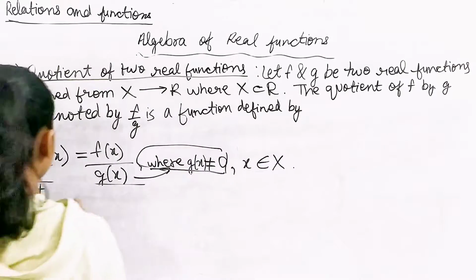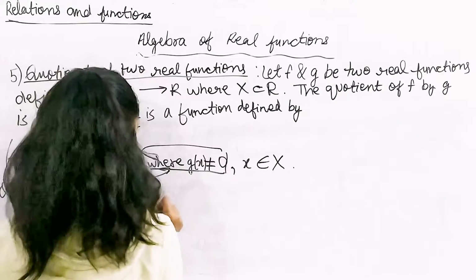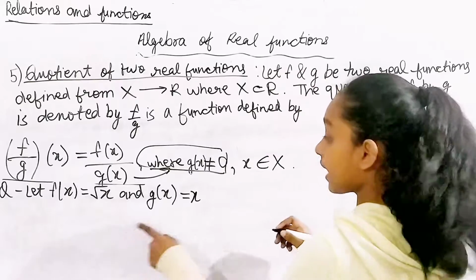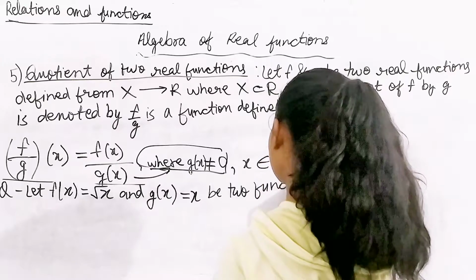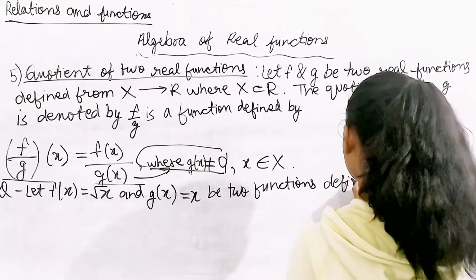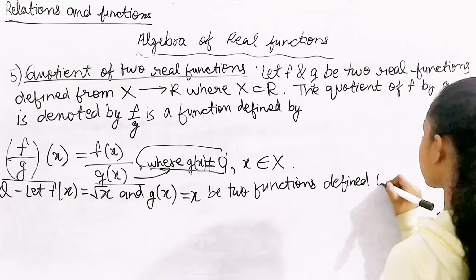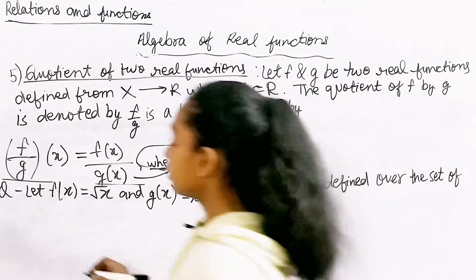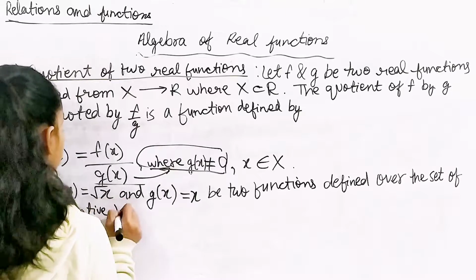Let f(x) is equal to the square root of x and g(x) is equal to x, be two functions defined over the set of non-negative real numbers.